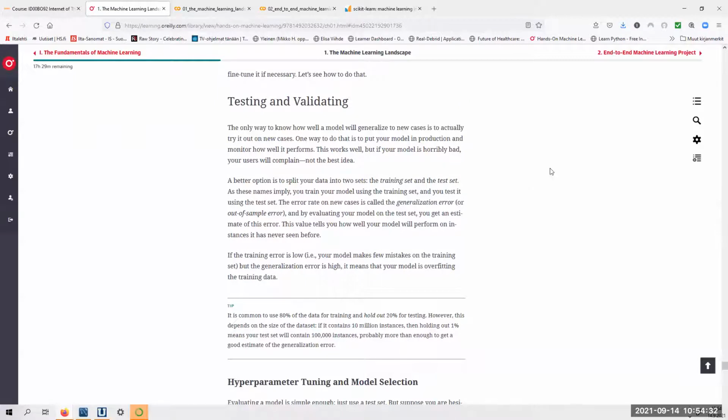Now, next we may take a look at the testing and validation, which hopefully, at least in some way, answers Karim's question. So the only way to know how well this model we have created will generalize to new data points or new cases is actually to try it out, to put the model in production and monitor how well it performs.